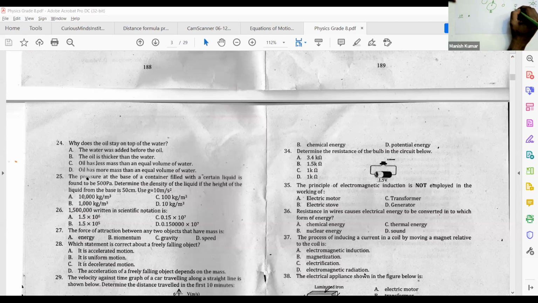It is not uniform velocity. It is uniformly accelerated, which means the acceleration is uniform. The speed is not uniform, the velocity is not uniform. The acceleration is a constant. Acceleration does not change. So it is an accelerated motion.